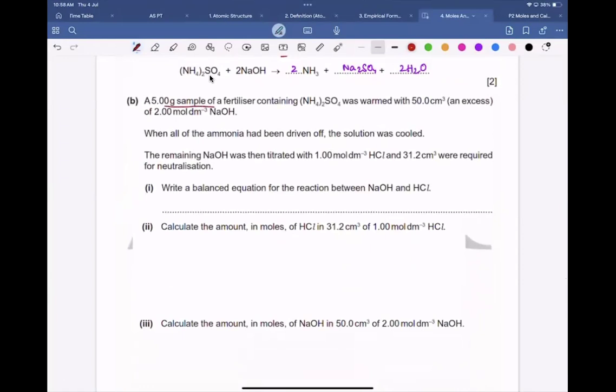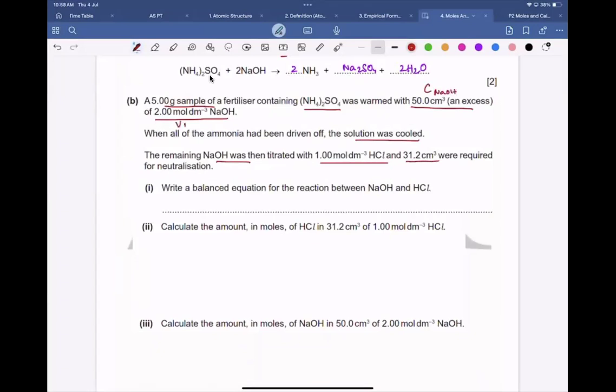Now, a 5-gram sample of fertilizer containing ammonium sulfate was warmed with 50 centimeter cube of 2 mole per dm cube NaOH. When all the ammonia has been driven off, the solution was cooled. The remaining NaOH was then titrated with 1 mole per dm cube hydrochloric acid, and 31.2 centimeter cube were required for the neutralization. So here we got the concentration of NaOH.